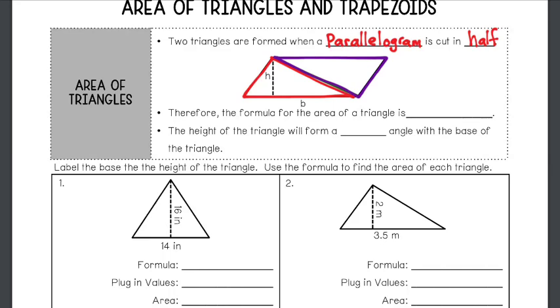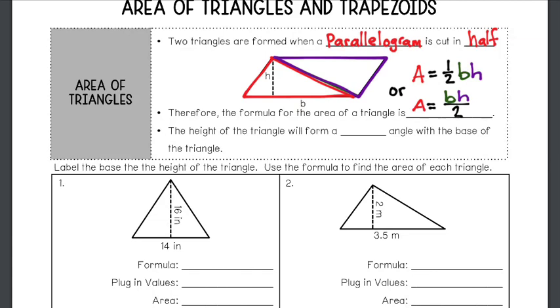So in our formulas, we have two that mean the same thing: area equals 1/2 base times height, or area equals base times height divided by 2. That gives me the base times the height, and we divide by 2 because we only want half of a parallelogram.